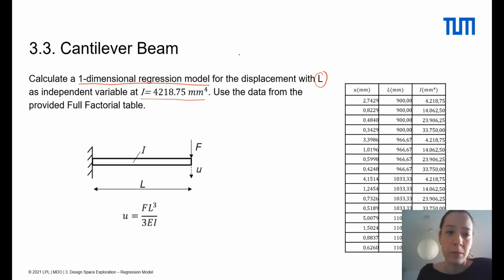And for the one-dimensional regression model we need values for different L, so for different length, at I is 4218. So those 4 rows, basically. Good.